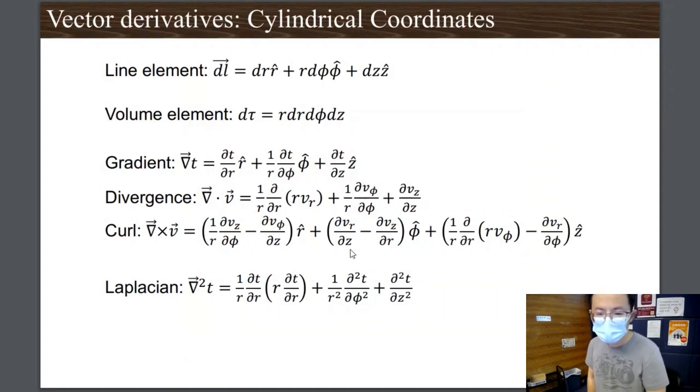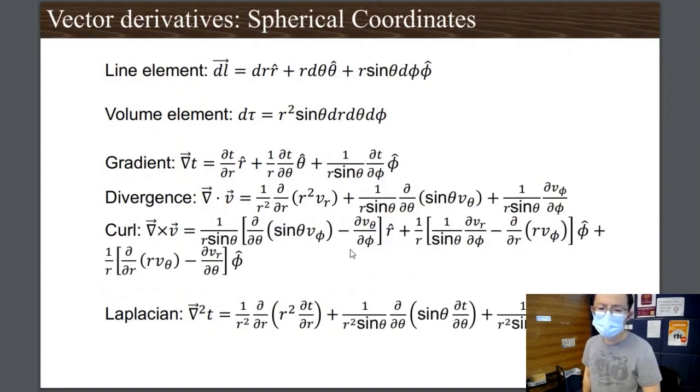Okay, so we can do the exact same thing to the spherical coordinates, and the expression is a bit more messy because here for the theta direction it already carries a line element of r factor, and the phi direction also carries an r sine theta factor, and everything follows.